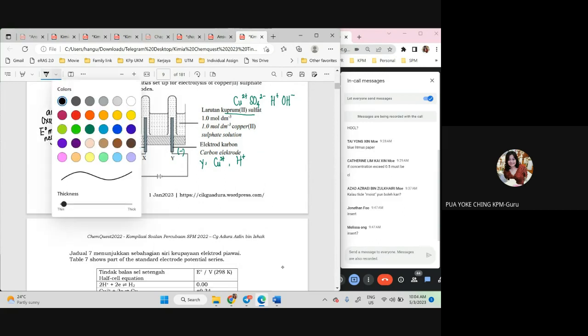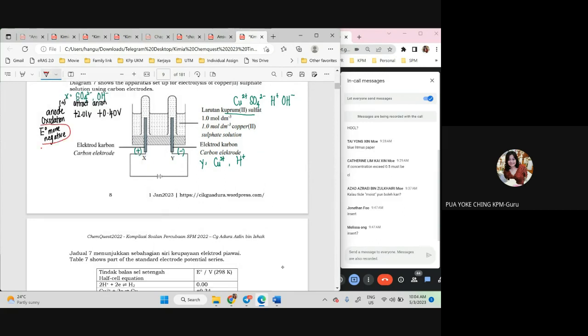Okay, so you punya konsep ialah kena pilih more negative. Tapi dua-dua positif. So macam mana? You kena pilih yang kurang positif. Less positif pula. More negative dengan less positif adalah kategori yang sama. So you akan pilih yang sini.